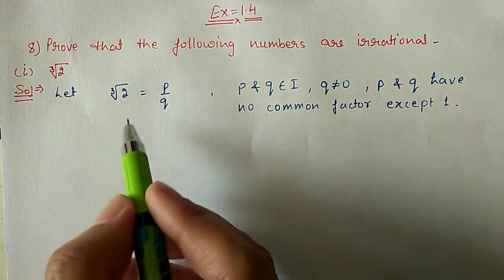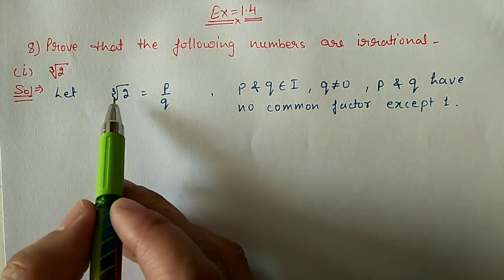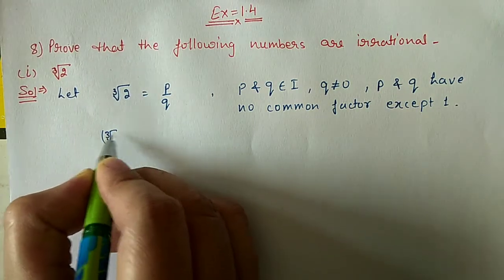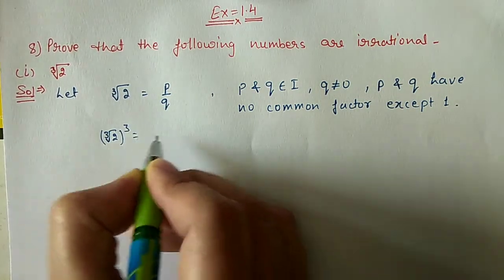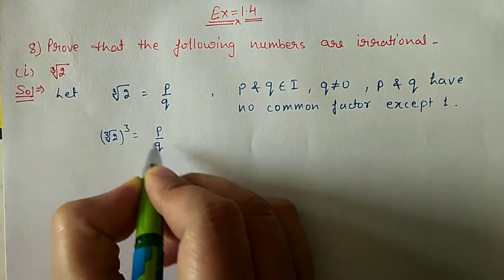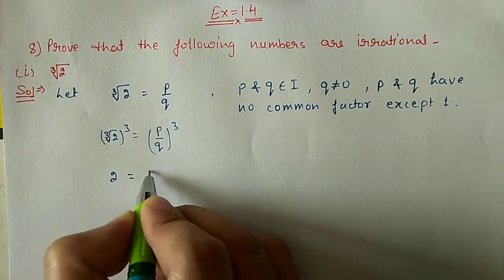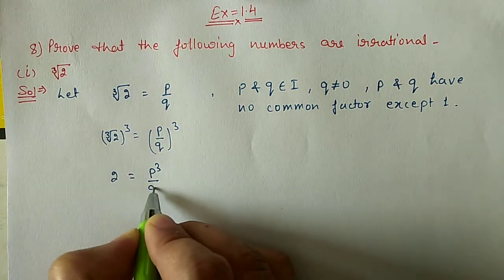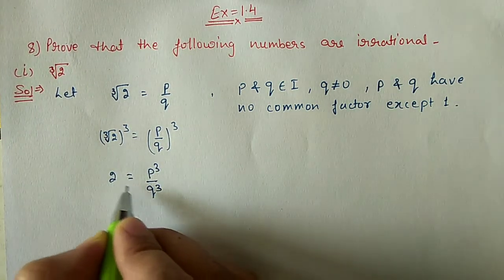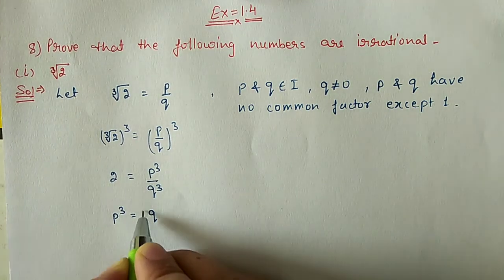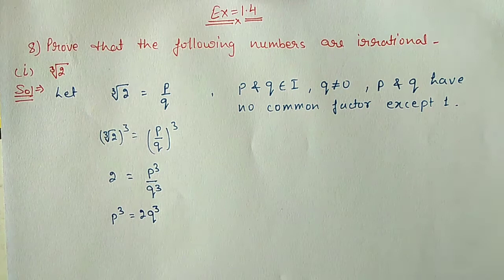Next step, we will cube both the sides because here cube root is there. Then we will get 2 is equal to p cube by q cube, or we can shift this q cube here, so we will get p cube is equal to 2 q cube.